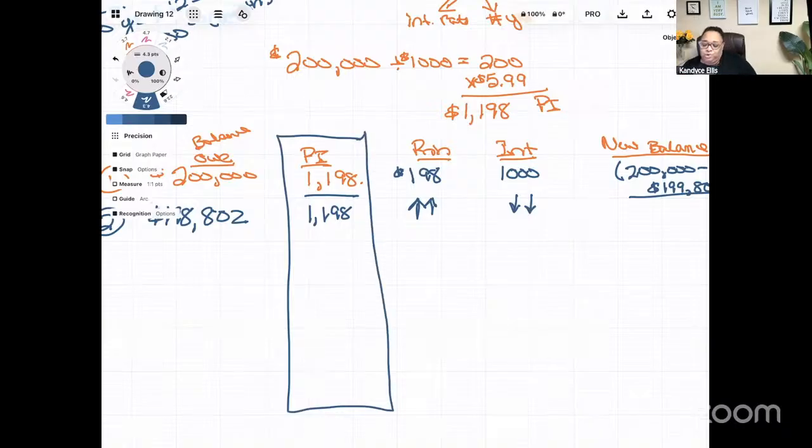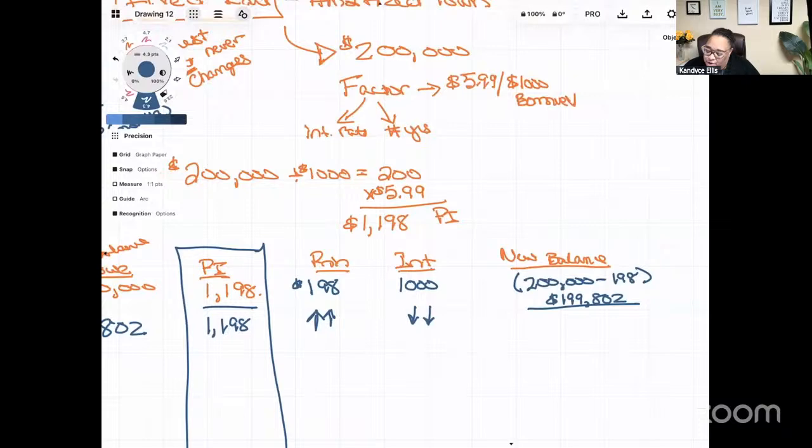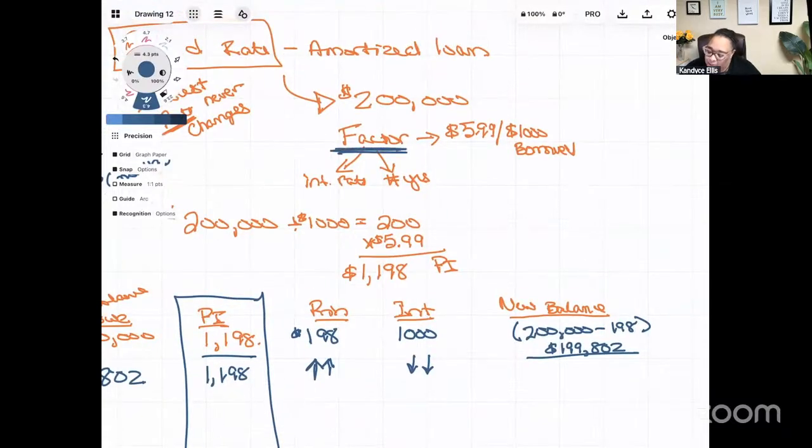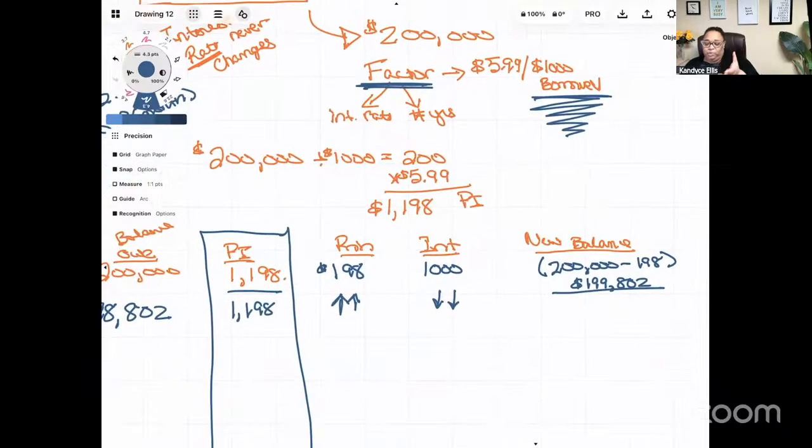That amount you pay that we figured out from the factor based on the number of thousands you borrowed doesn't change during the life of the loan. What changes is the split between how much goes towards principal and how much goes towards interest. So somebody let me know I didn't lose you as I grab some water.